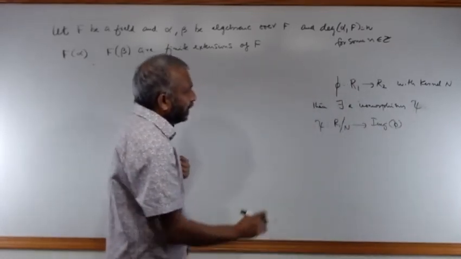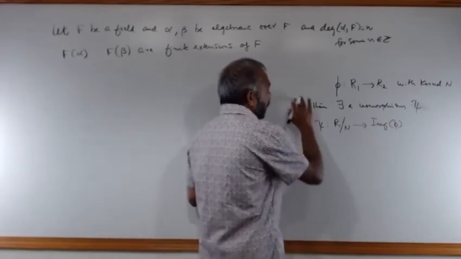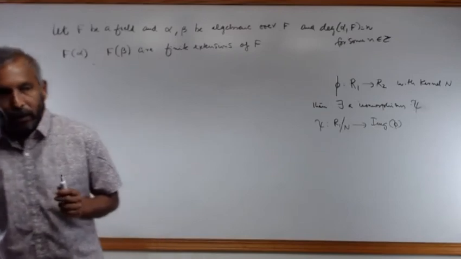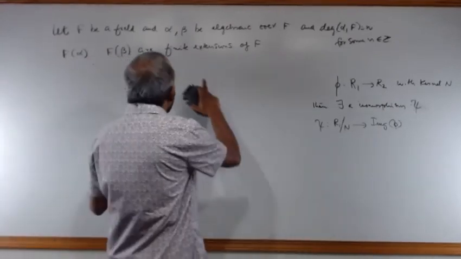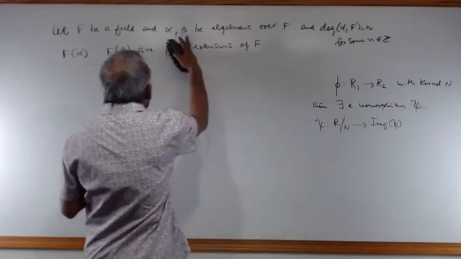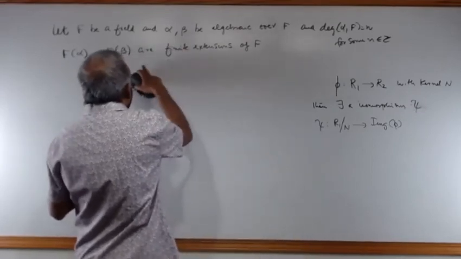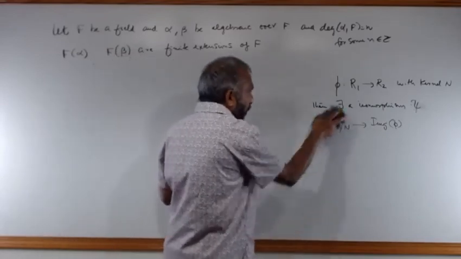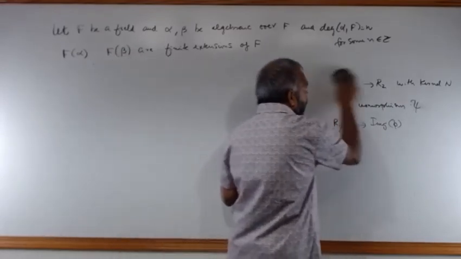This is a result we established earlier in ring homomorphism. So we are going to use it here because we need the existence of an isomorphism. We are assuming that alpha and beta are conjugates, and we need to establish there exists an isomorphism, and that is where we are going to use this result.